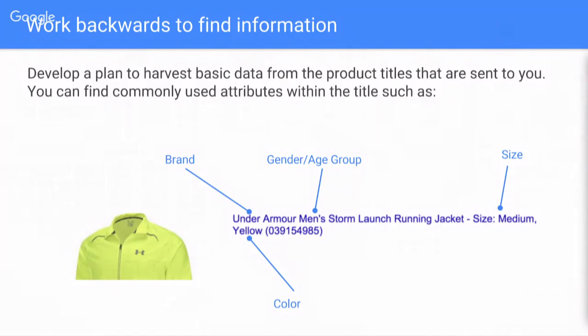You can see here that we can pull out the brand, the gender or age group, the size, the color, right? So we're working backwards to get all of the relevant information in the feed so that we show up as often as possible for those really valuable long tail searchers, okay?